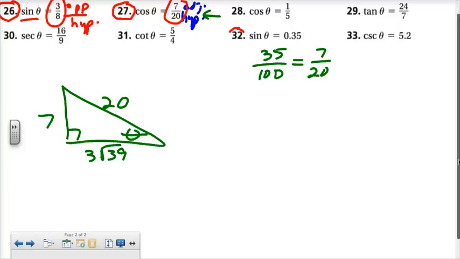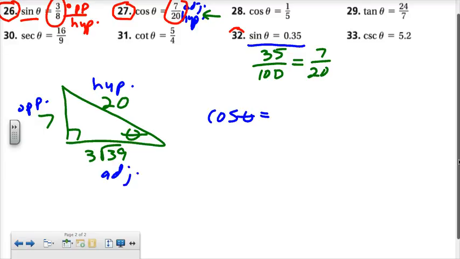Now, let's do them. They gave us the sine. We need cosine. So we have opposite, we have hypotenuse, and we have adjacent. Cosine is adjacent over hypotenuse, so 3 square roots of 39 over 20.